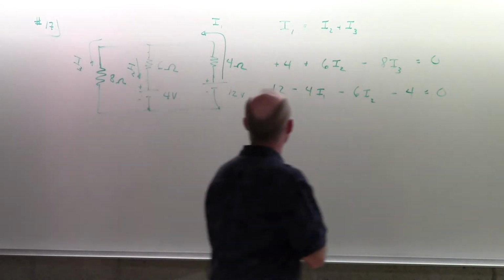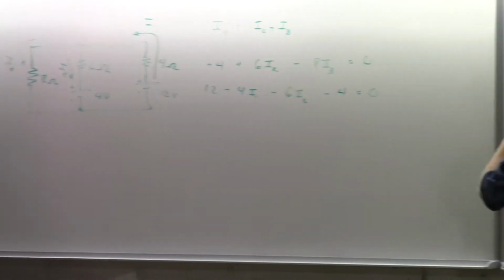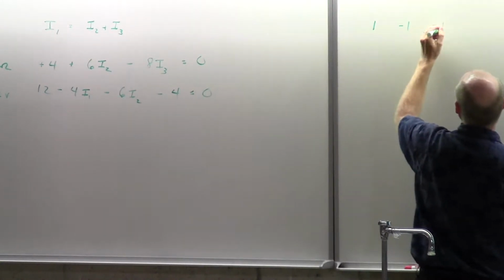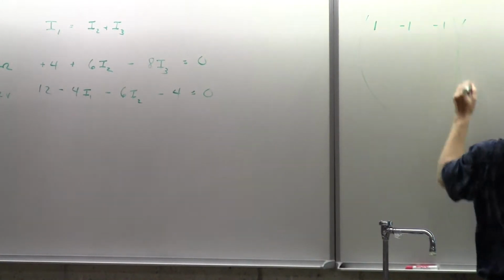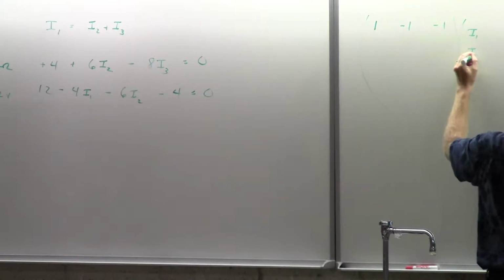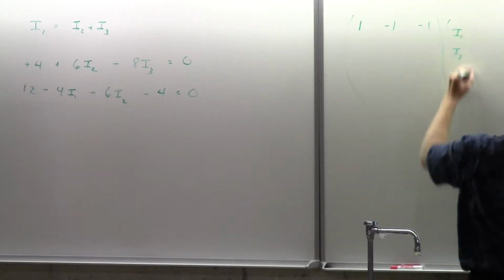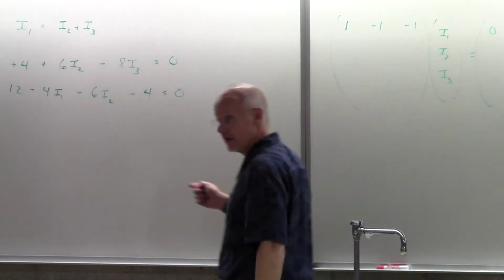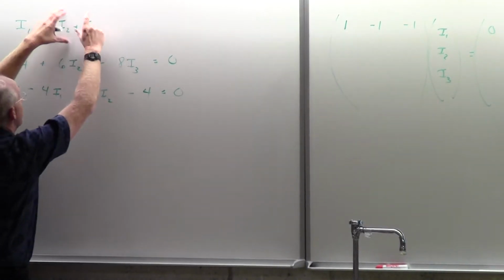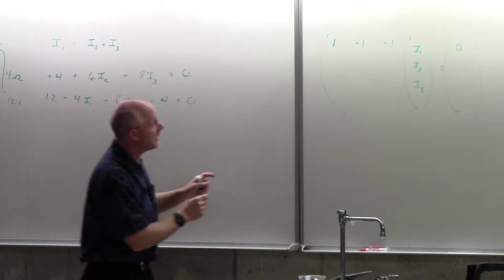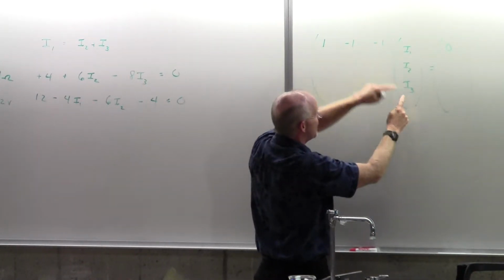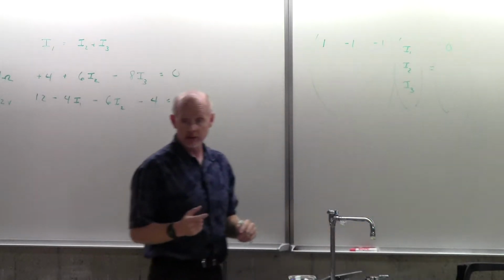So let's write this in its matrix form. I would write the first equation as 1, negative 1, negative 1, times I1, I2, I3, equals 0. So that is what this first equation is saying, right? When I move all of my unknowns to one side, I get I1 minus I2 minus I3 equals 0.